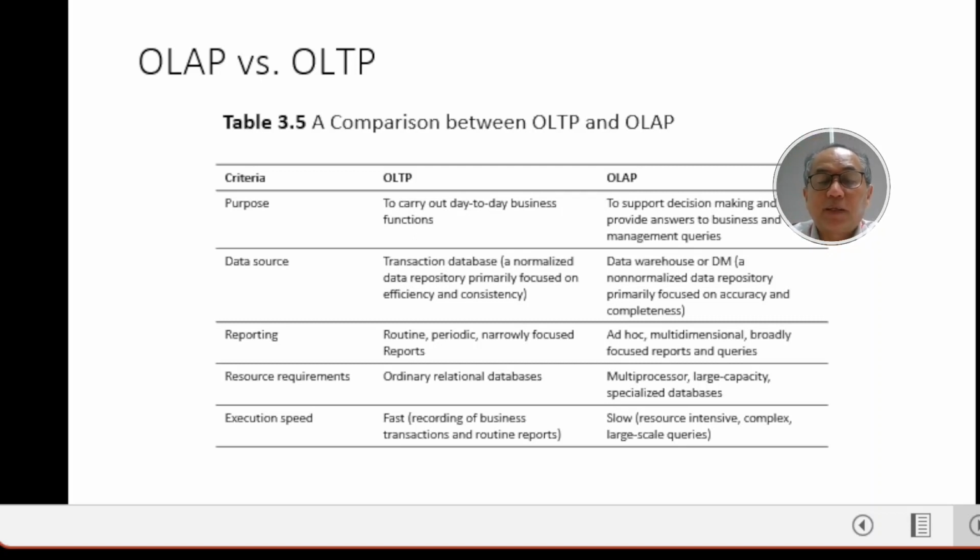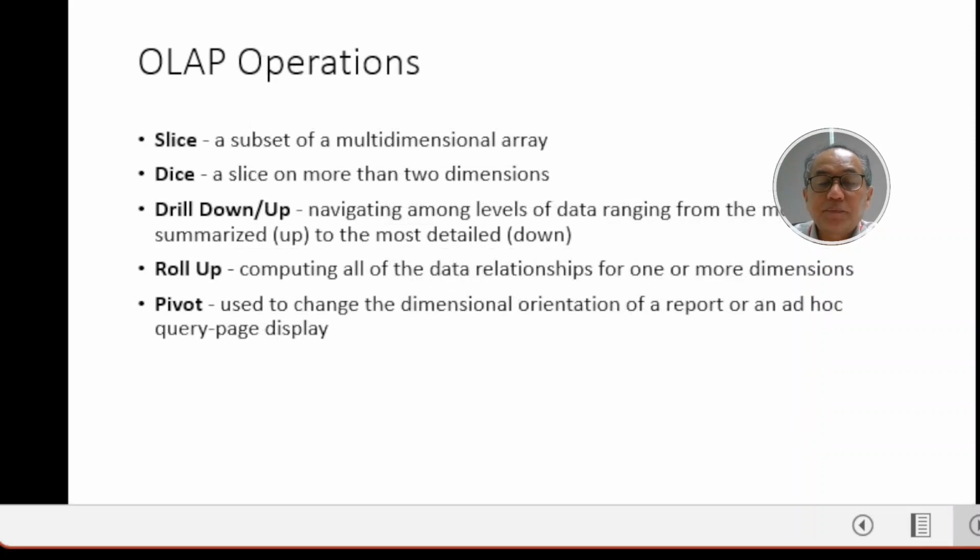The purpose of OLTP is to carry out day-to-day business functions, whereas OLAP supports decision making, to provide answers to business and management queries. The data sources for OLTP come from your transaction database, whereas for OLAP data come from the data warehouses. OLAP operations: you can slice, meaning you break up the data into subsets according to this multi-dimensional array.